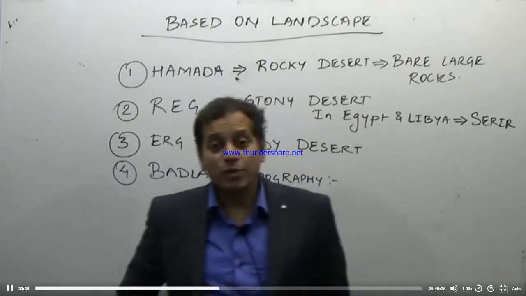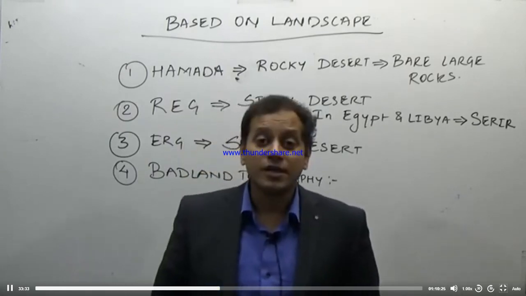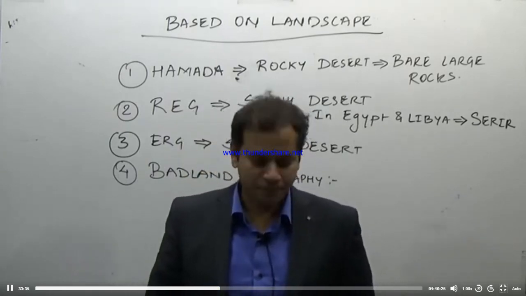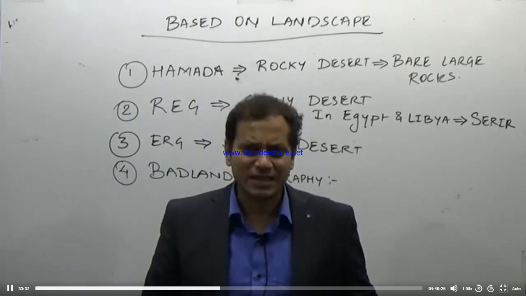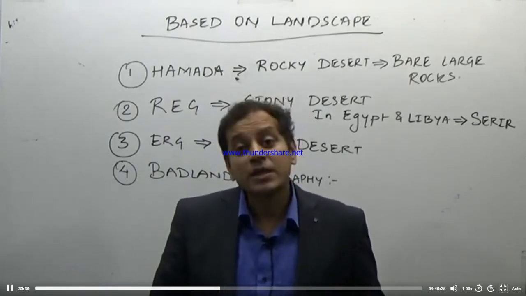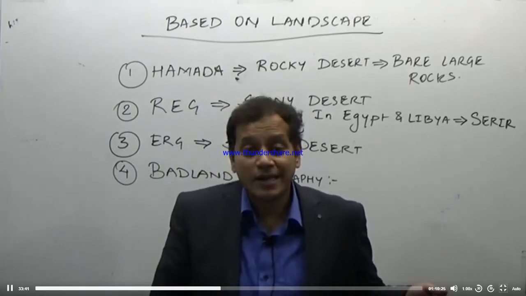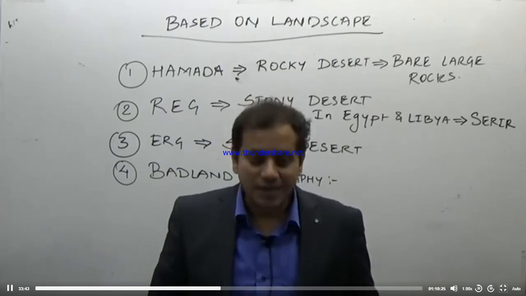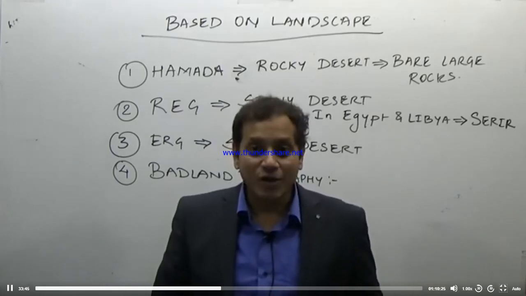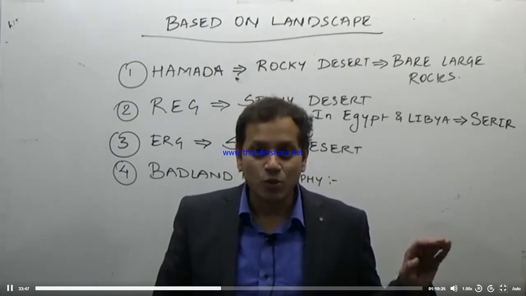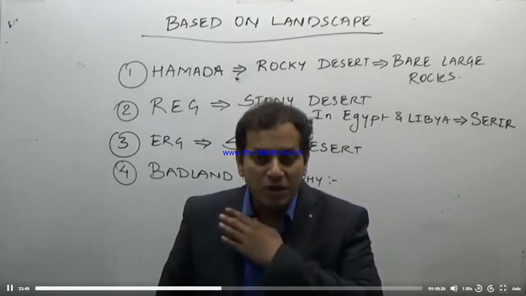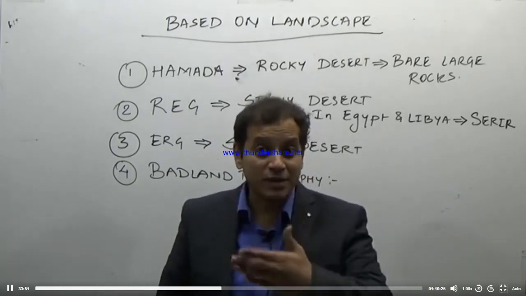This badland topography means the areas where there is no vegetation or very little vegetation, and the areas where there is less vegetation means that they are not getting any kind of rainfall. So in such areas, when the rain occurs, because the soil cover is loose, the soil takes away much of the rainwater as surface runoff.